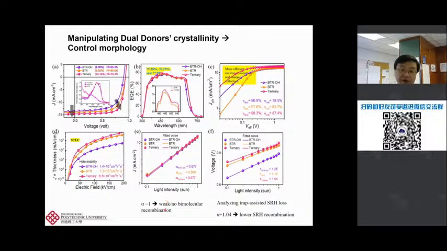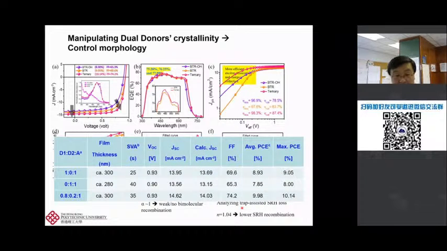The study shows that the ternary allows us to eliminate bimolecular recombination and also have fewer traps. So that falls into the same scenario: using molecular compatibility, we will be able to tune the morphology for the ternary system. And device-wise, we get 9% and 8% for each of the binaries, and we can get 10% in the ternary here.